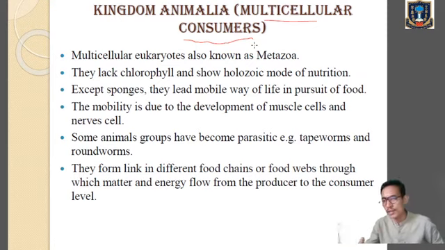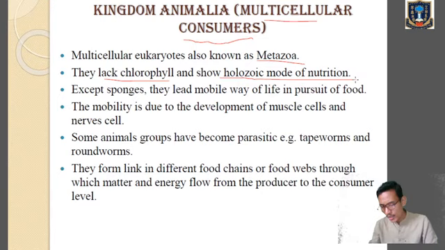So consumers are not able to prepare their food, but are dependent on other living organisms as a source of food. Kingdom Animalia includes all the animals, which are also known as metazoa. They lack chlorophyll and have a holozoic mode of nutrition, which means they engulf solid food particles. The food is ingested, digested, and absorbed in the alimentary canal.